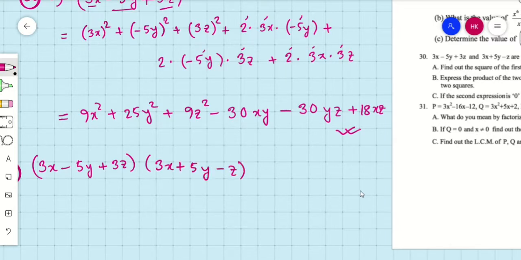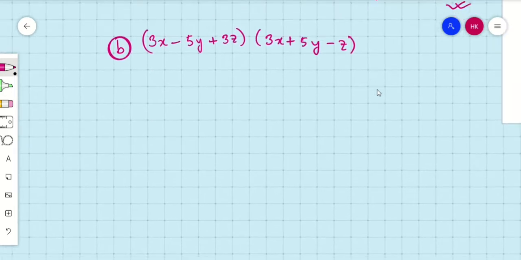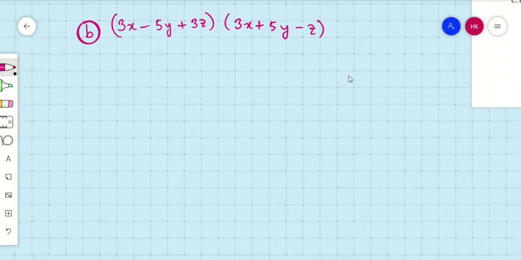So these are the two expressions, and we want to make the product of these two in the form of difference of squares. Now we have to put the formula of AB. So we know the formula of AB is equal to (a plus b divided by 2) whole square, and then minus (a minus b by 2) whole square. So this was the formula of this one.